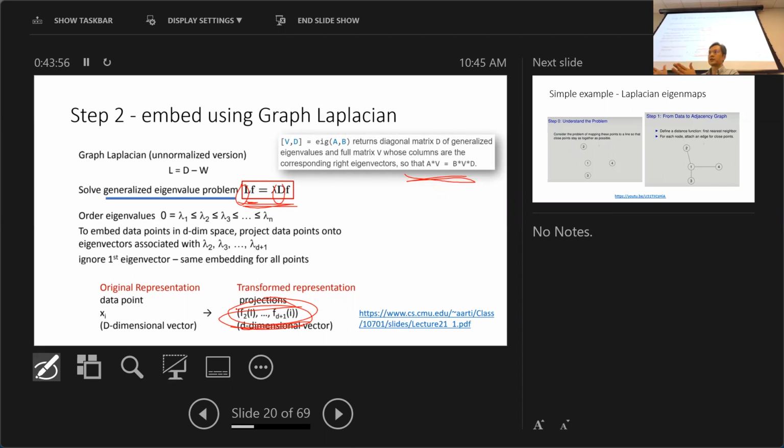Those vectors combined are a projection of your original data points onto the lower dimension, depending on how many eigenvectors you use. You can use two eigenvectors, then you project your data points to two dimensions. You can use three. So that's why you go from 2 to D plus 1.